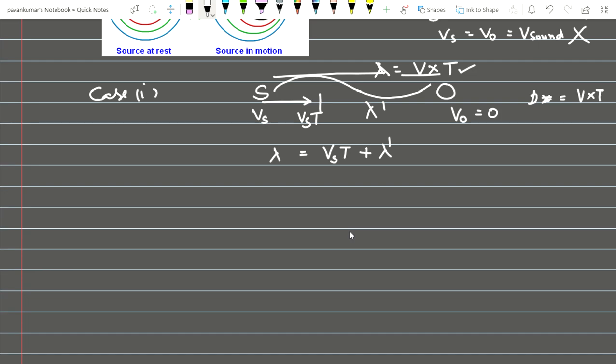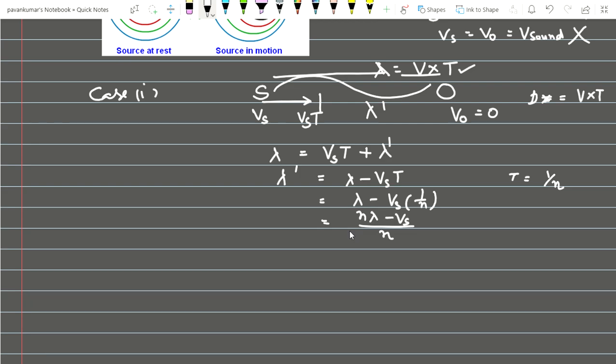By separating lambda dash, we get lambda minus Vs into t. We know that time period is equal to inverse of frequency. Therefore, lambda minus Vs into 1 by n. By taking LCM n, we get (n lambda minus Vs) by n.